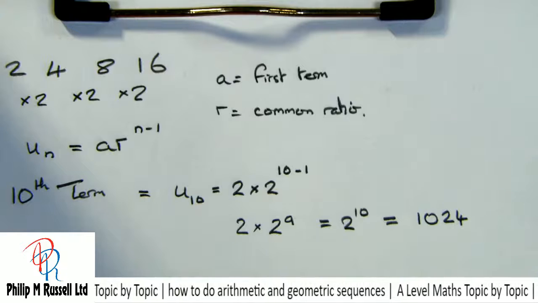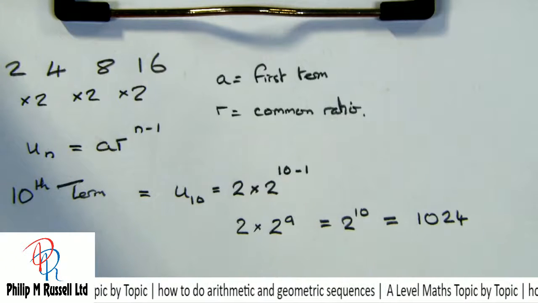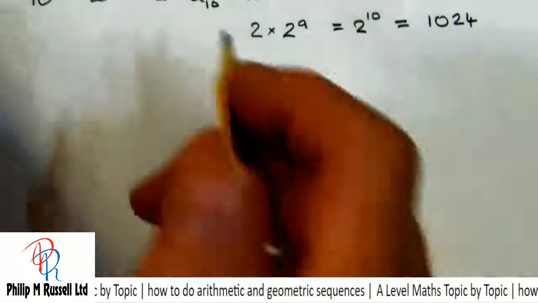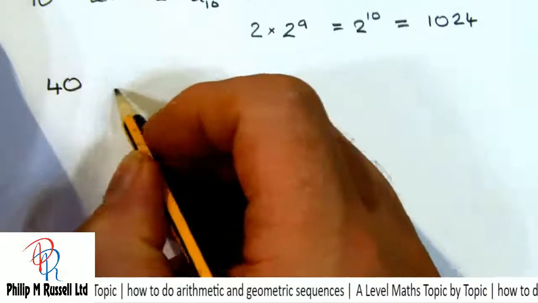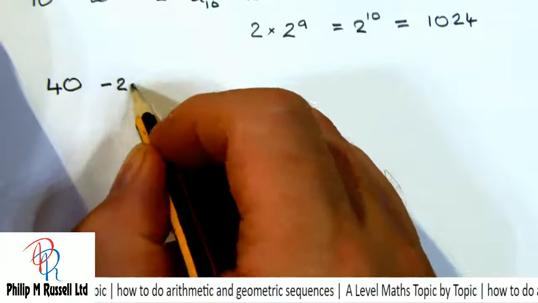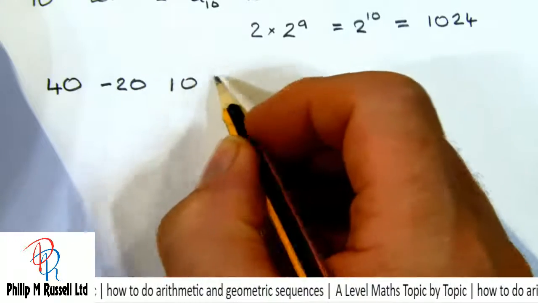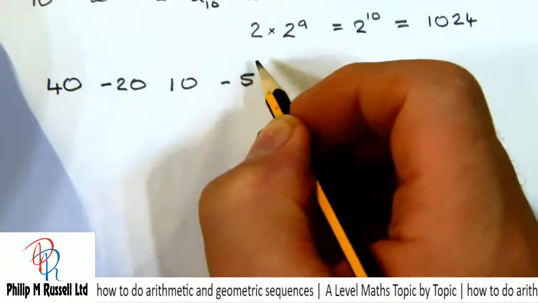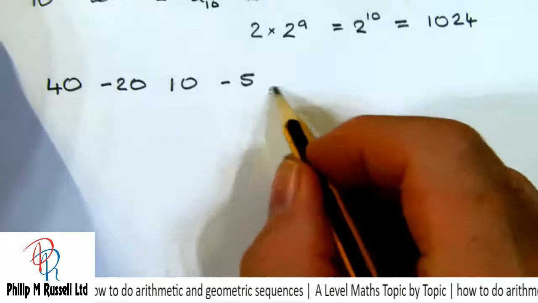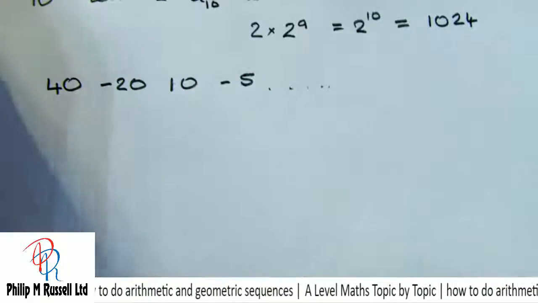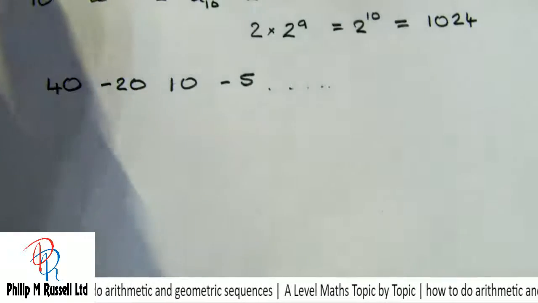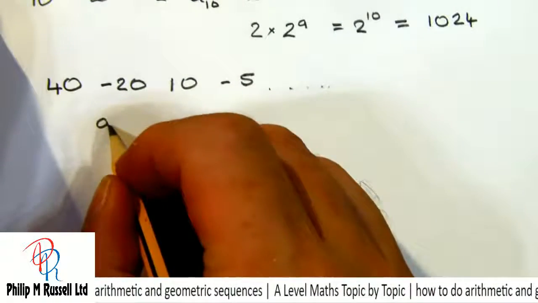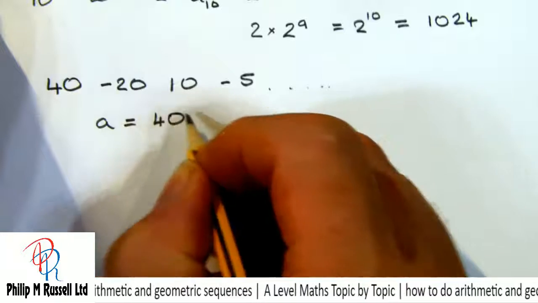Let's have a look at a different sequence, one that's a little bit nastier. Let's suppose we've got a sequence that goes 40, minus 20, plus 10, minus 5, and so on. Okay, so let's look at what we've got. Well, our a for this is going to equal 40.